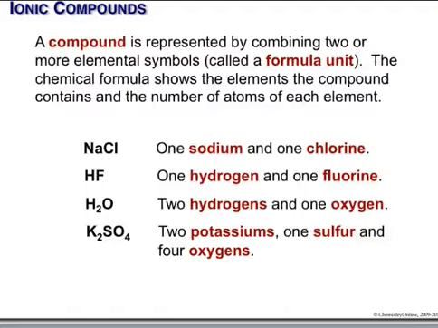It's simply called a formula unit. Formula unit, like we said, is the lowest whole number ratio. NaCl, 1 sodium, 1 chlorine; HF, 1 hydrogen, 1 fluorine; H2O, 2 hydrogens, 1 oxygen; K2SO4, 2 potassiums and 1 sulfate. Now remember, sulfate, we have 1 sulfur and 4 oxygens. These are all bonded together in a molecular complex.